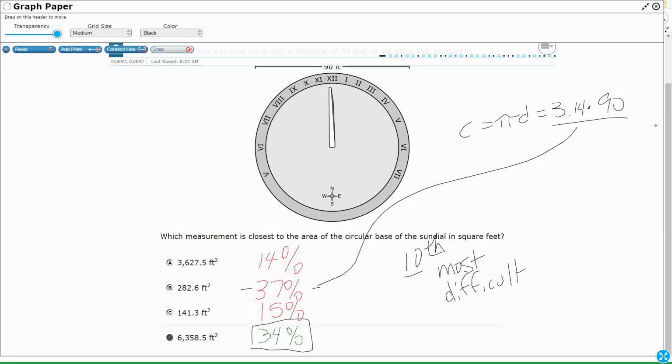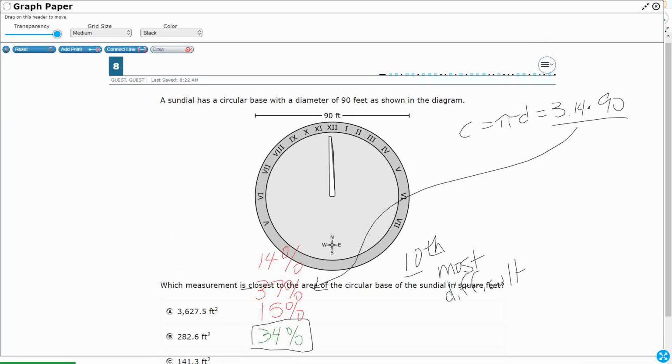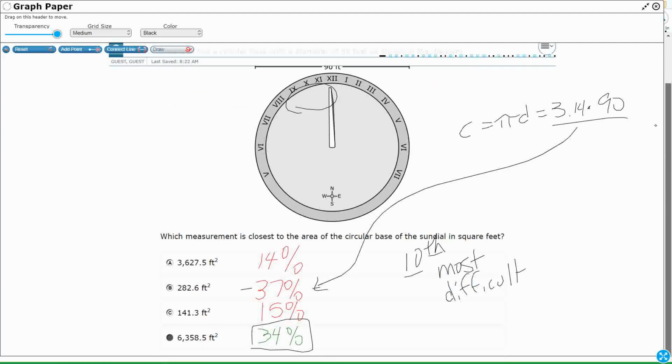That equals 282.6. So students were just simply missing the fact that we were looking for not the circumference, but the area, which is given to us right down here. But they looked at just that one piece of information we got, the diameter, and they looked to see what formula uses diameter, and they saw that circumference rather than the area.